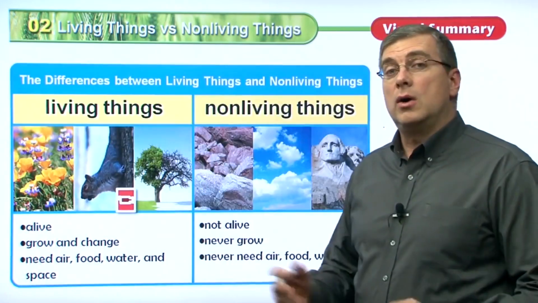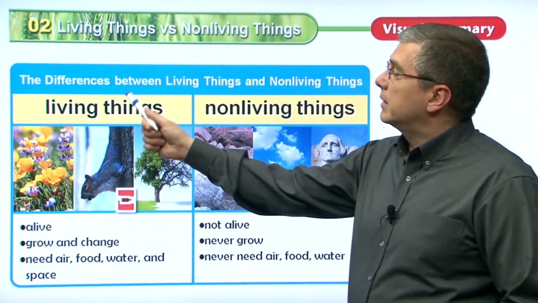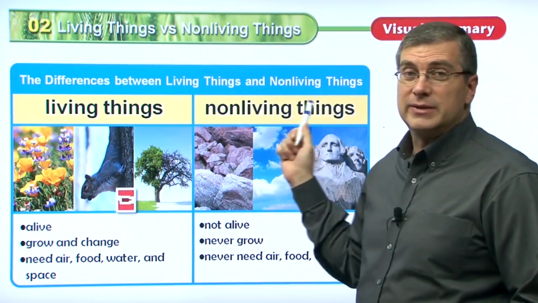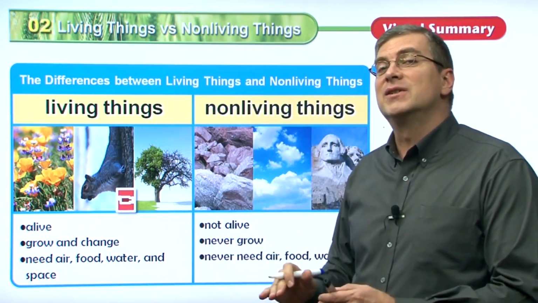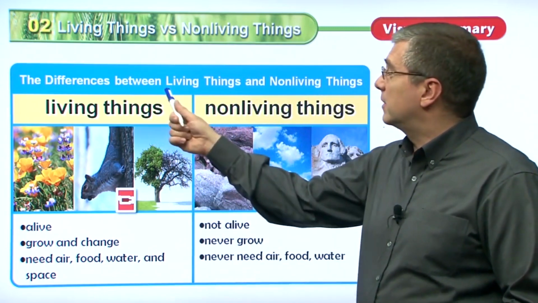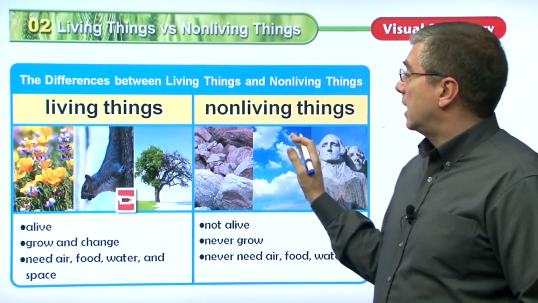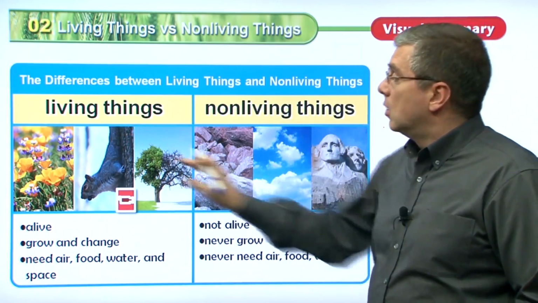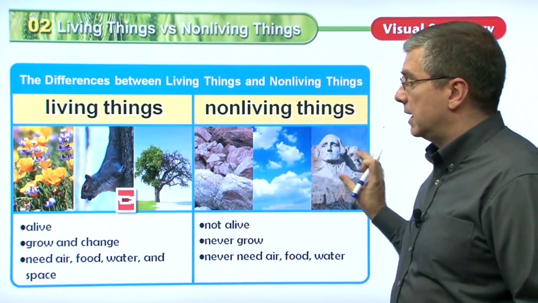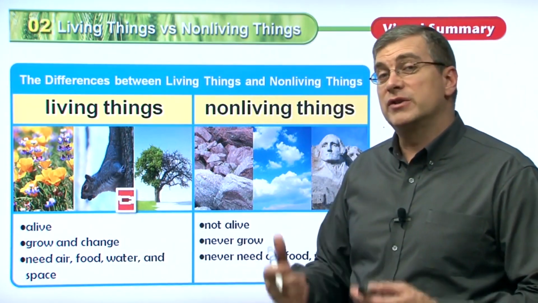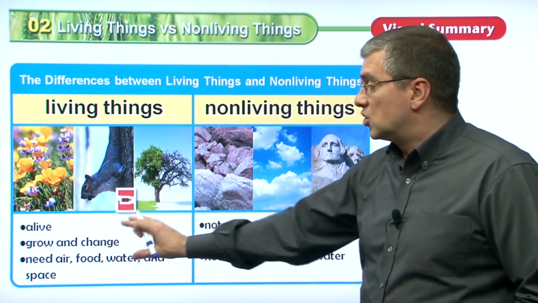Okay, here we have our chart showing us the differences between living things and non-living things. Living things versus non-living things. On this side we have living things. On this side we have non-living things. We have pictures showing the two different things, and we have vocabulary, words and expressions to describe each thing.